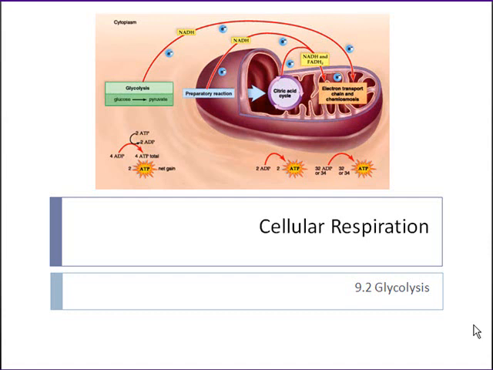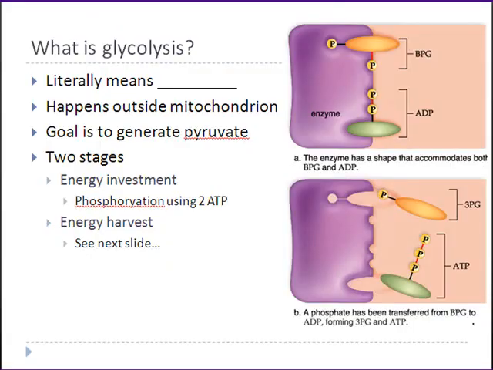Glycolysis occurs in the cytosol of cells, not in the mitochondria, but out in the cytosol. If we break down the word glycolysis, it literally means the breaking apart of a sugar. Lysis means to split. Glyco refers to glucose or sugar group. So glycolysis literally means splitting apart of sugar, and indeed that's exactly what's going to happen.